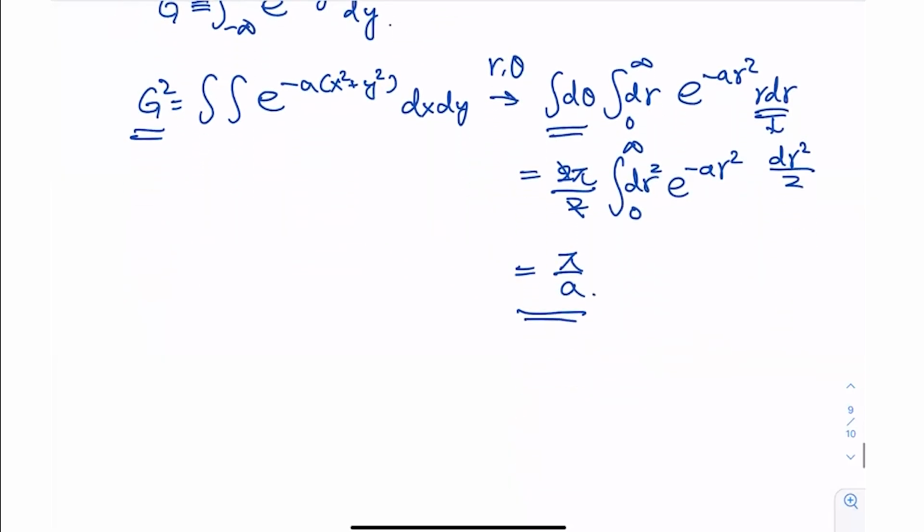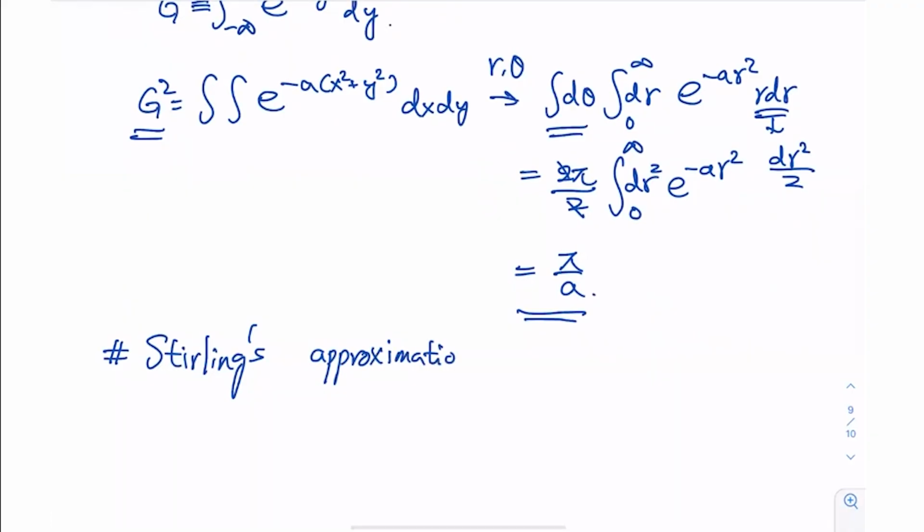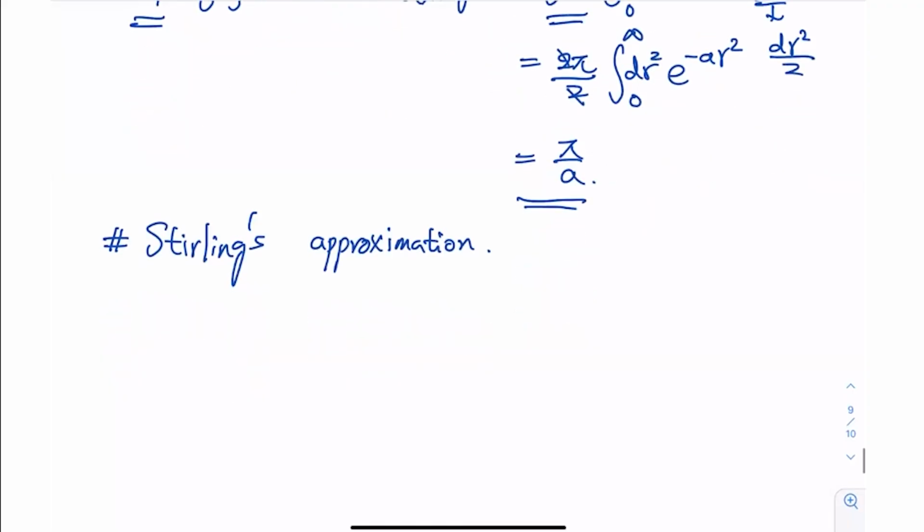So that's one thing about this simple mathematical background. The other important background for statistical physics is Stirling's approximation. Stirling's approximation asks the question: if I'm trying to evaluate n factorial when n is large, what is a good way to approximate it?